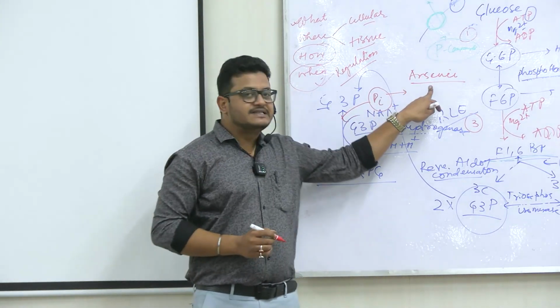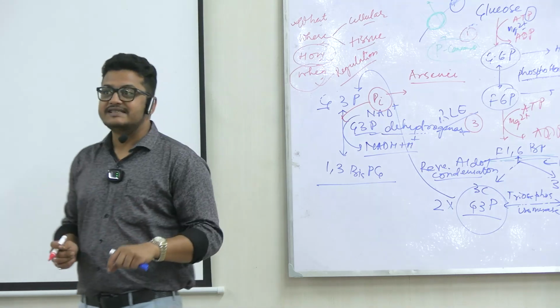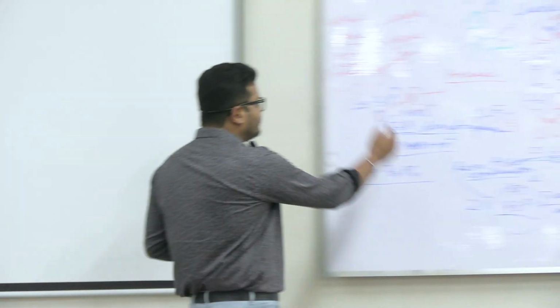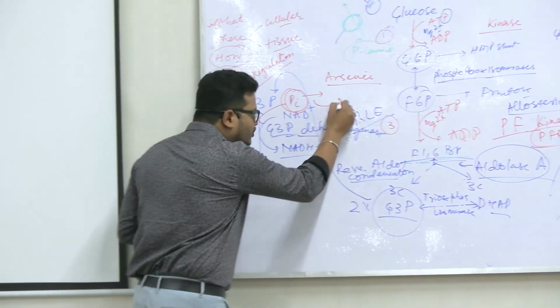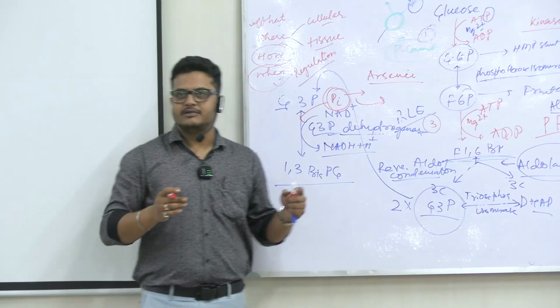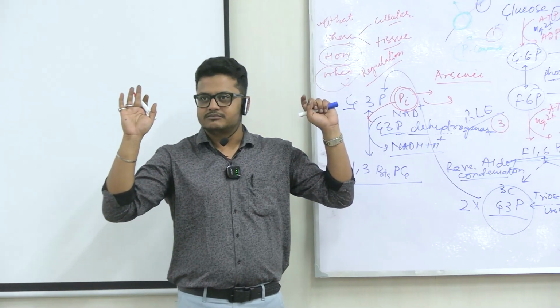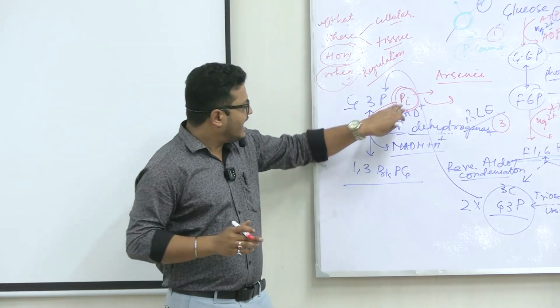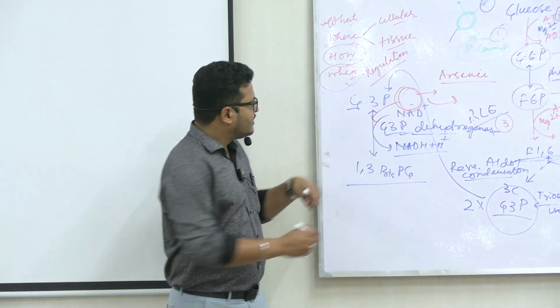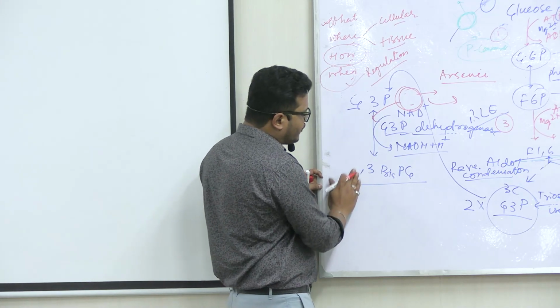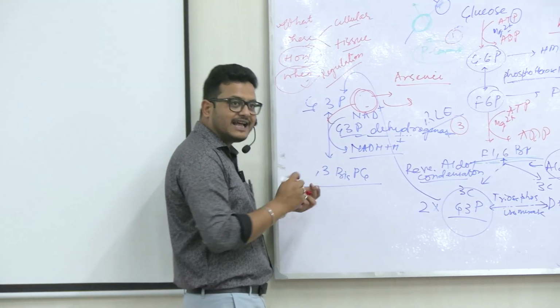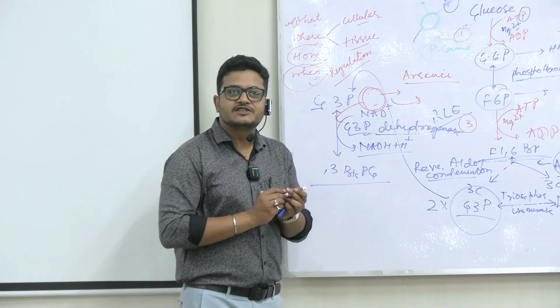Generally, arsenic poisoning occurs because of the pentavalent form of arsenic called arsenate. That arsenate is responsible for removing this inorganic phosphate out of the environment. It chelates it out. As a result, there will not be any formation of 1,3-bisphosphoglycerate, rather it only forms 3-phosphoglycerate.